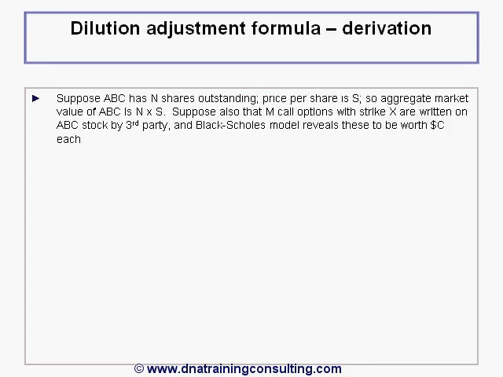We suppose first that company ABC has N shares outstanding whose spot price per share is S. Therefore, the aggregate market value of ABC is N times S. Suppose also that M call options with strike X are written on ABC stock, but by an unrelated third party, and that the Black-Scholes model reveals these to be worth C dollars each.